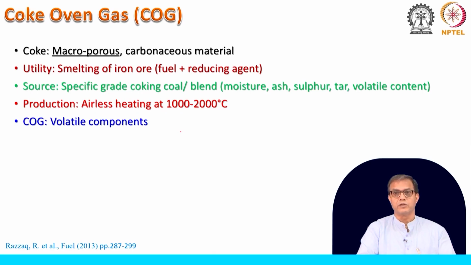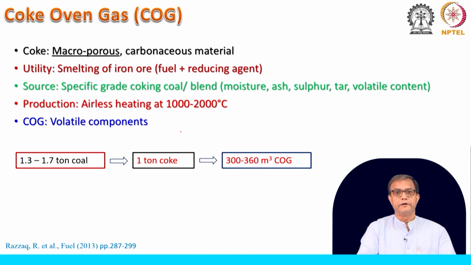We will see what is present in it on the next slide. But typically, 1.3 to 1.7 tons of coal will produce a ton of coke, and from there we can get nearly 300 to 360 cubic meters of coke oven gas.